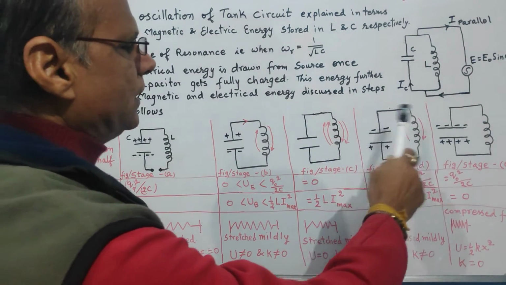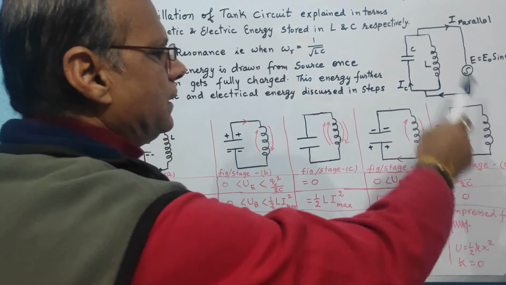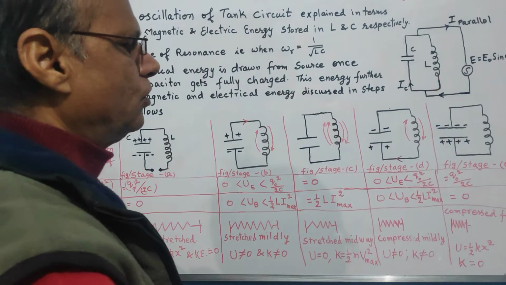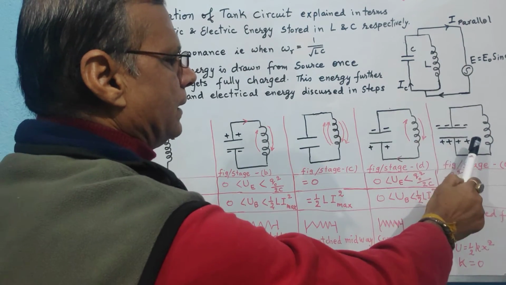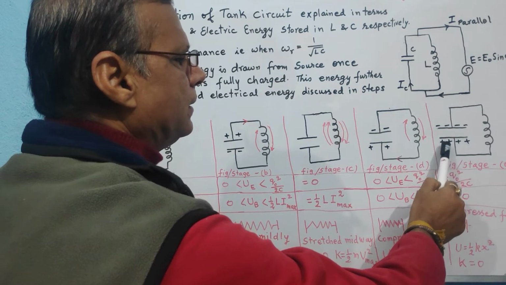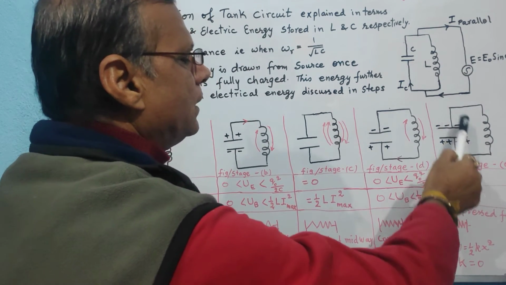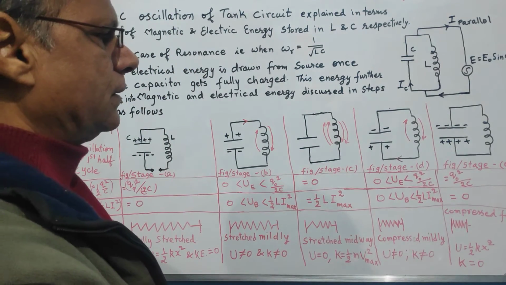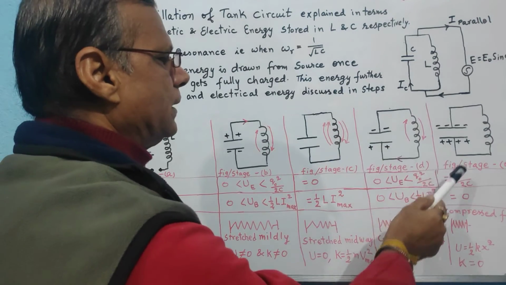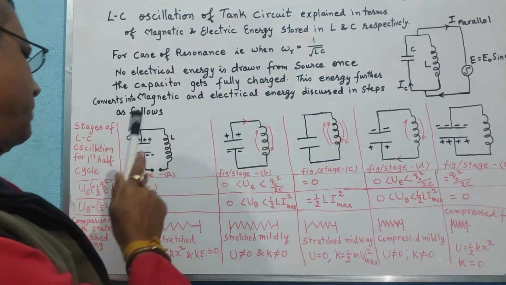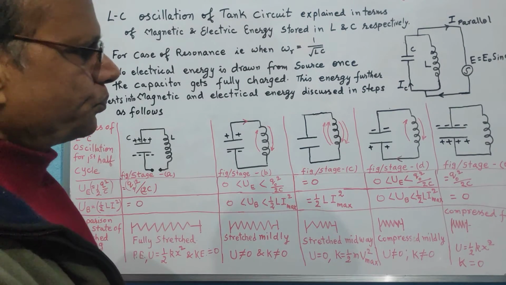Finally a stage will come when the inductance coil has completely lost its magnetic field, and equivalent electric energy is stored in the capacitor. But in this case, the capacitor is oppositely charged as compared to the starting stage.